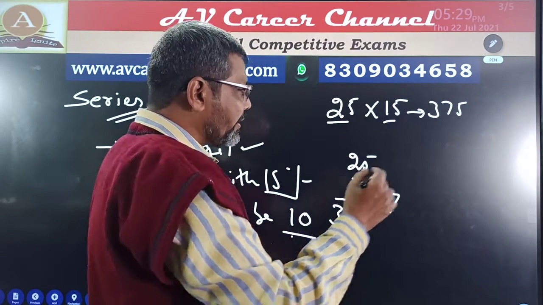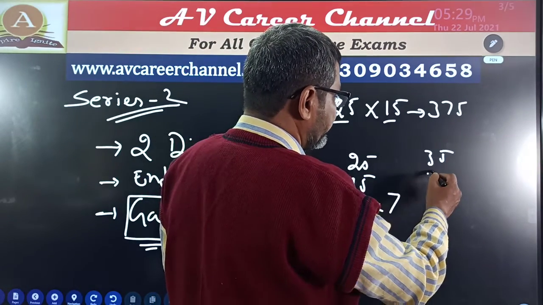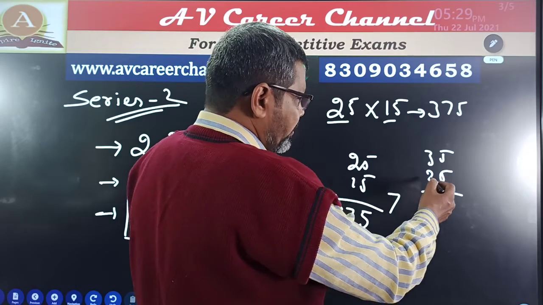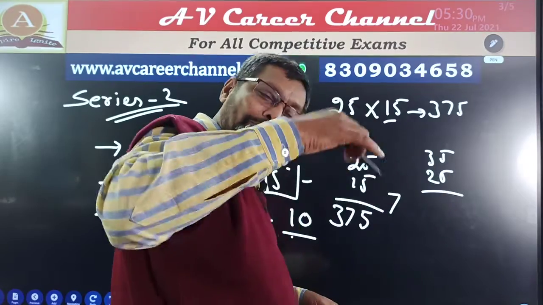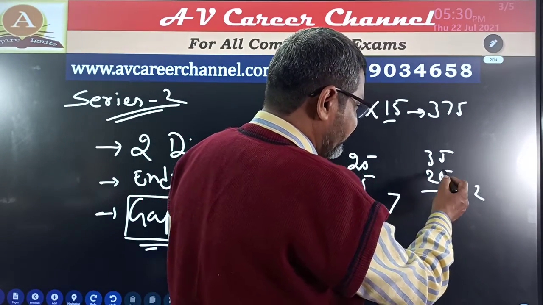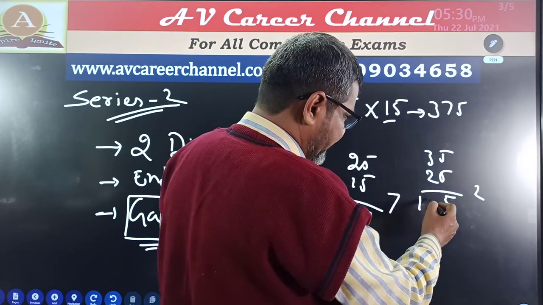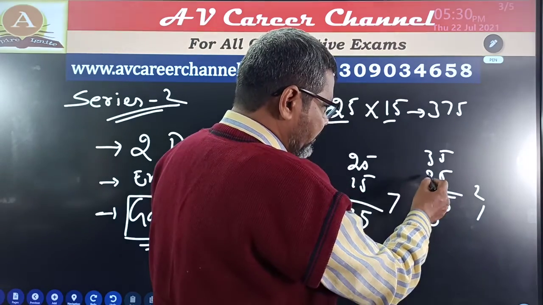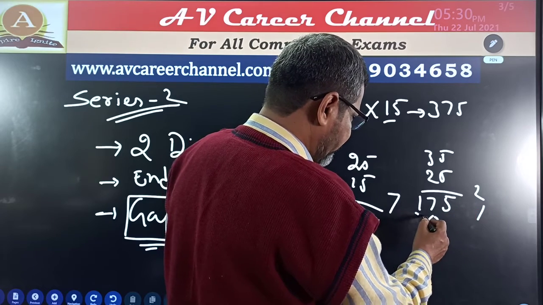Got it? Let me take another one: 35 into 25, for example. 25 fives are, I think you know better, or otherwise we will make it more simple like for school children. 5 fives are 25, so 2 carried. 5 threes are 15, plus 2, 17. 2 fives are 10, 1 carried. 2 threes are 6, plus 1, 7.